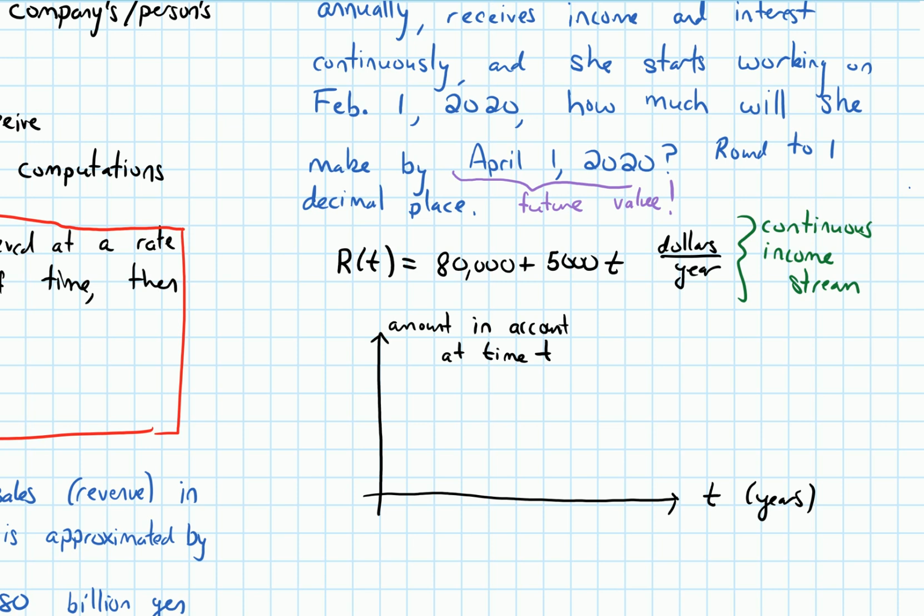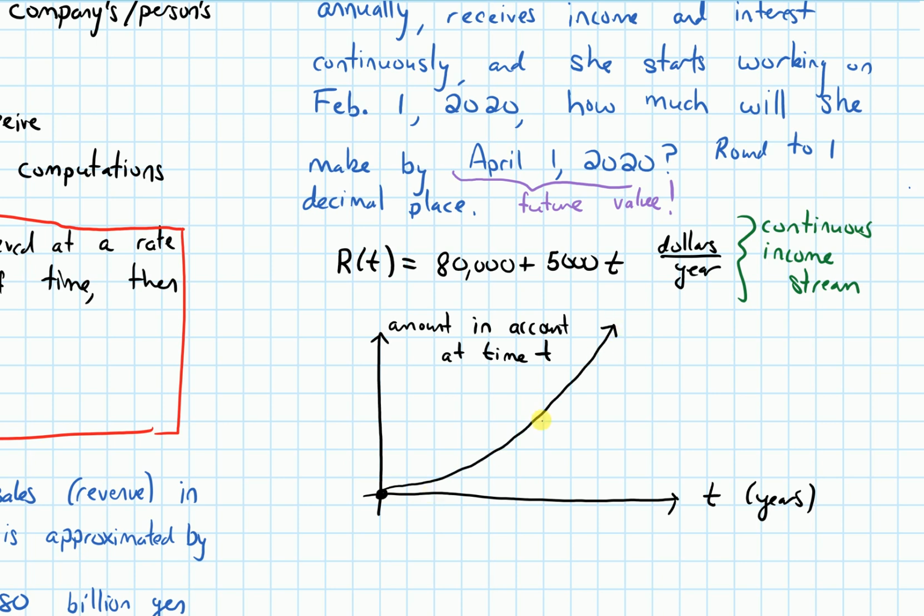I'm going to assume that she has no money in her account initially. In fact, we know that. She's just starting this new job on February 1st, so initially she shouldn't have any money in her account. Over time, that'll start to grow.